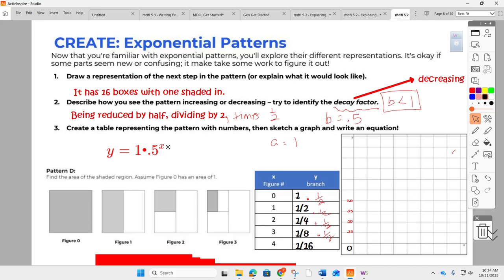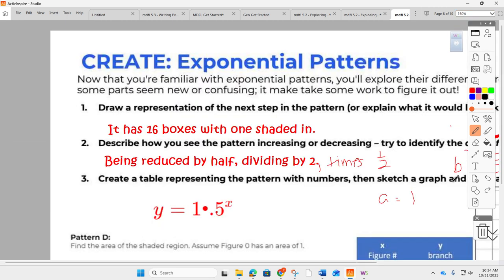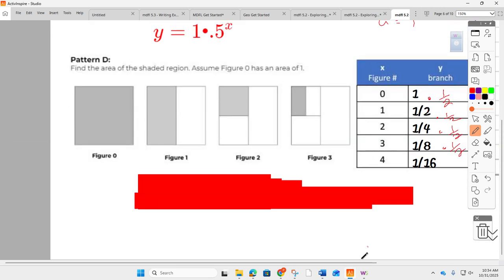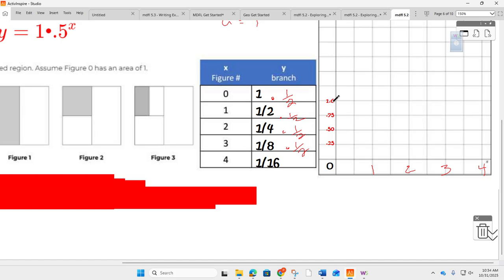We are going to graph it, and this one's important because this one's going to look different than the other ones we've done. I numbered the y-axis as 1.0, 0.75. I don't know if you guys can see that. So 1.0 here, so over 0, up 1.